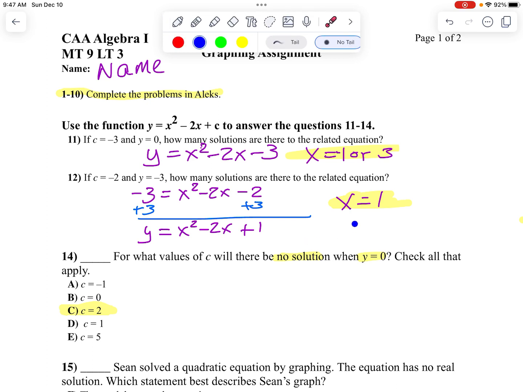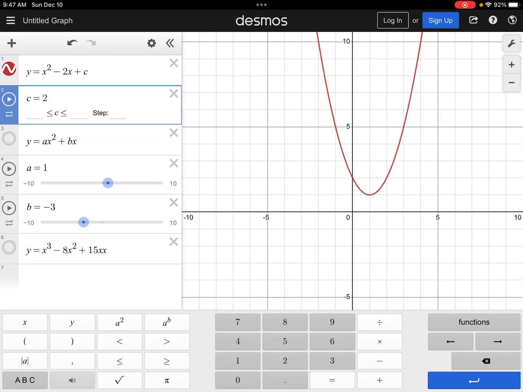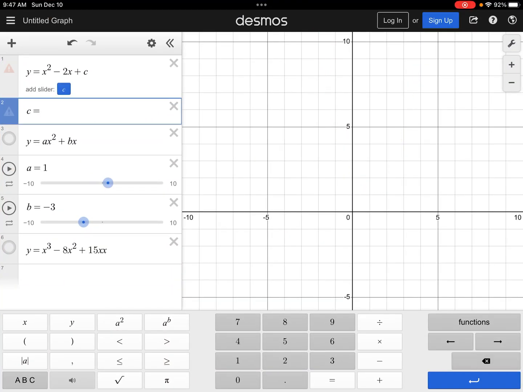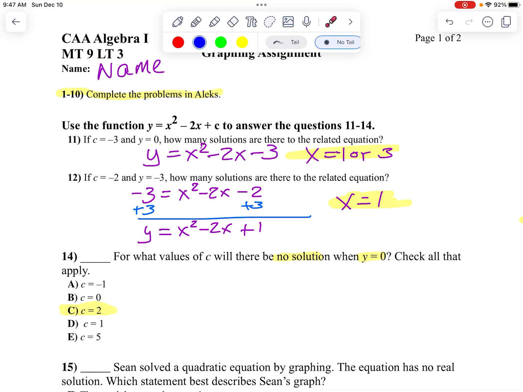So in problem 12, we had one solution with 1, so we're not going to do that one. Let's change c to 5. I'm guessing if I move that up, I'm still going to have no solutions. So there we have choice E would also be an answer. So we get C and E as our answers there.